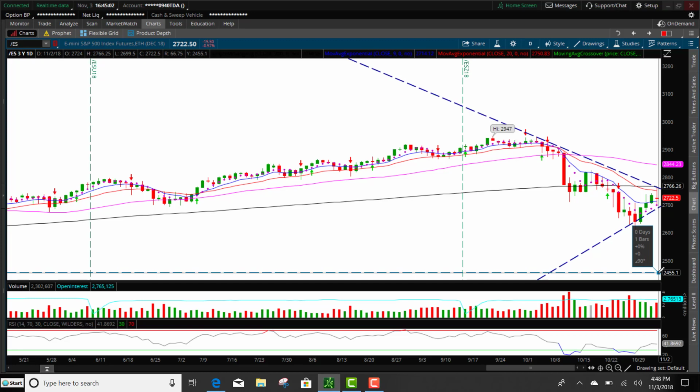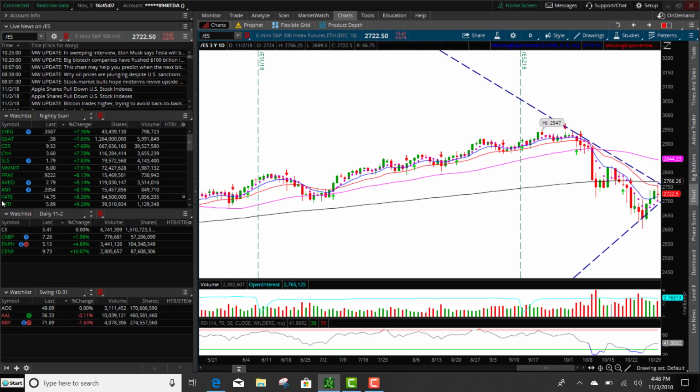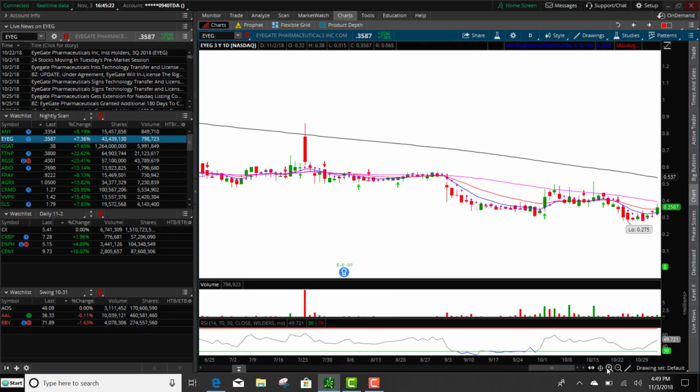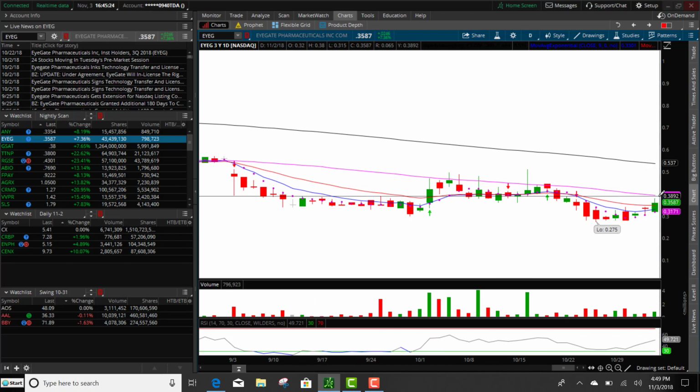Volume is the amount of shares a stock trades for a given period of time. So if I'm making the watch list video, and you guys are watching any watch list videos that I put out, we could take a look at what is going on. Okay, we'll take a look at this right here, EYEG. We can pull up the chart, and obviously I wouldn't put that in there because it's too close to the moving averages.